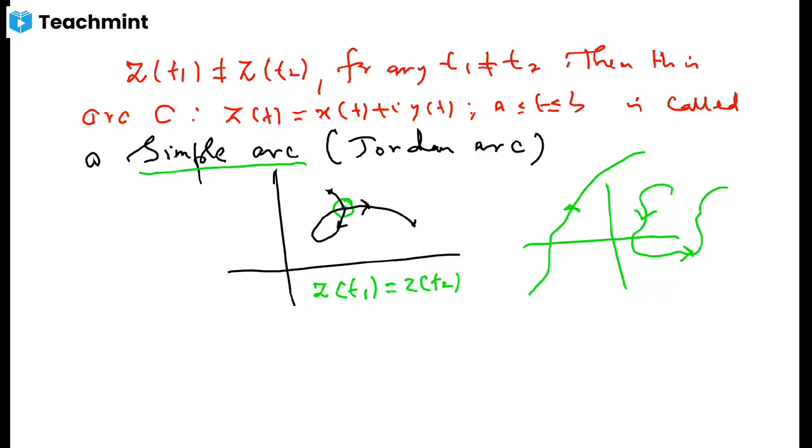Another type of arc where you have this kind of situation, that it is possible that the initial point of the arc, which is z of a, is the same as z of b. For example, look at this arc here.